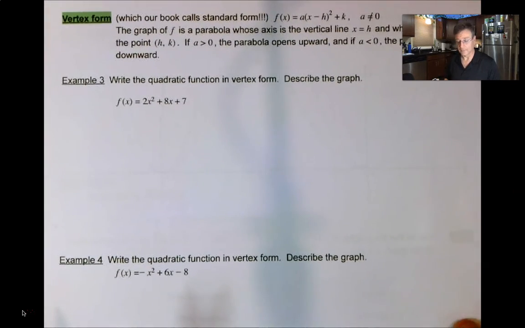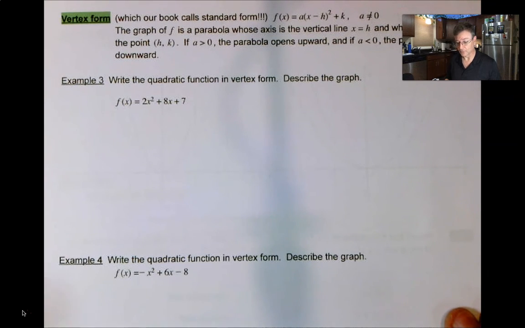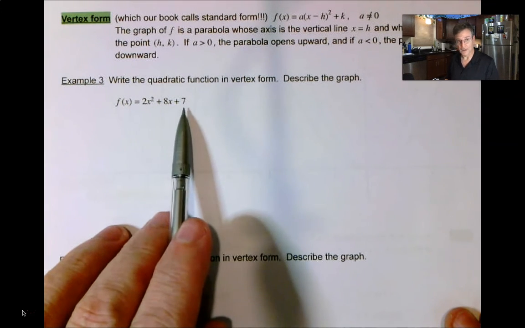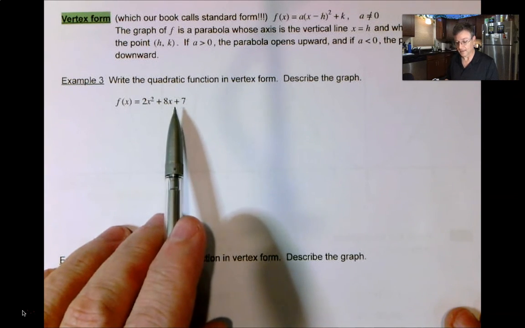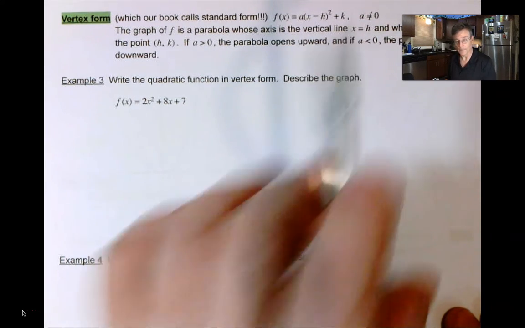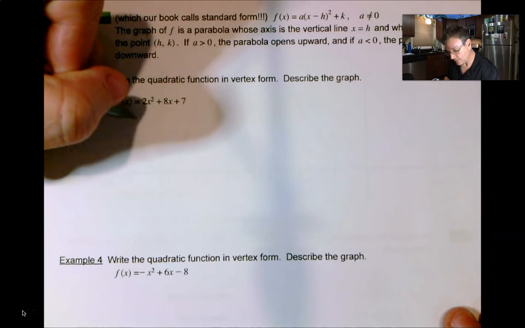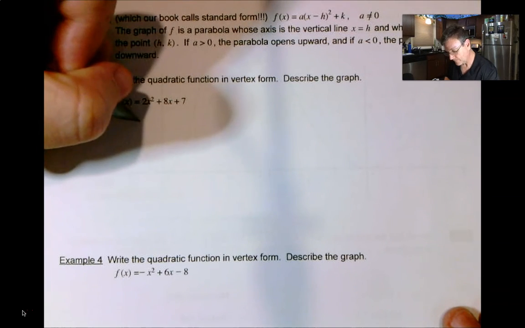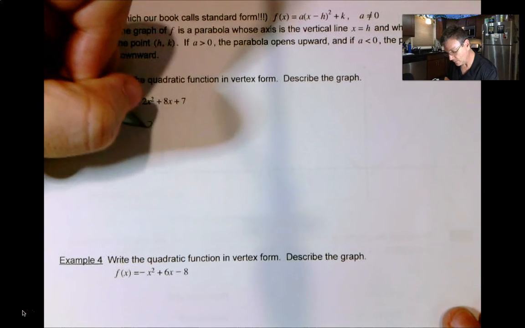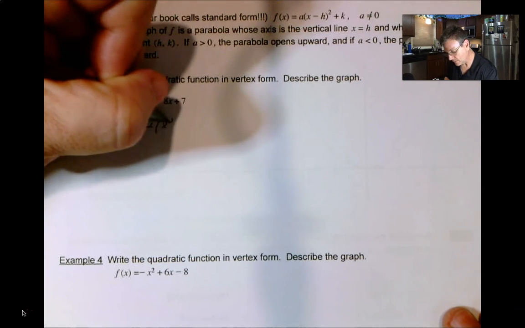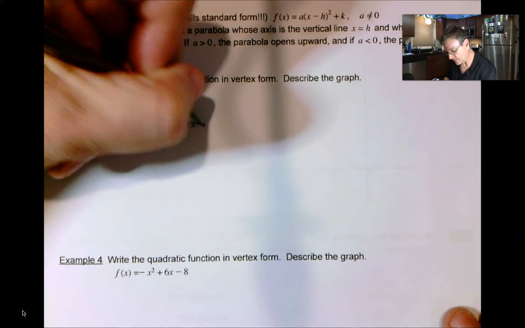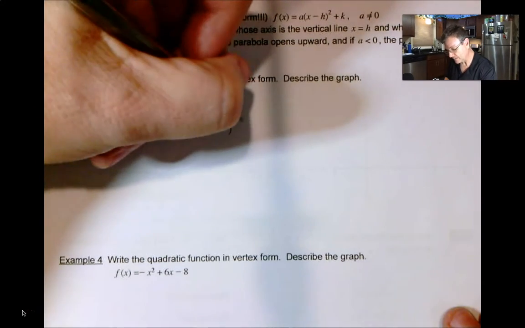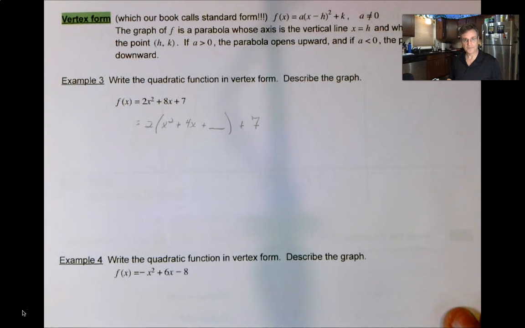Okay. So example 3: write the quadratic function in vertex form, and describe the graph. In order to do this, we're going to have to complete the square so that we can get this into this form. So to complete the square, I'm going to factor out the 2, plus 4x plus blank, plus 7.